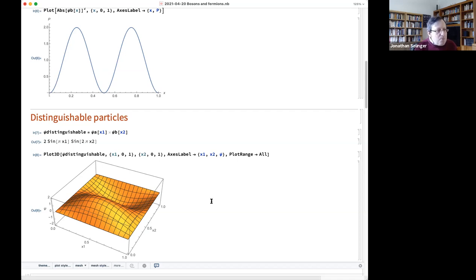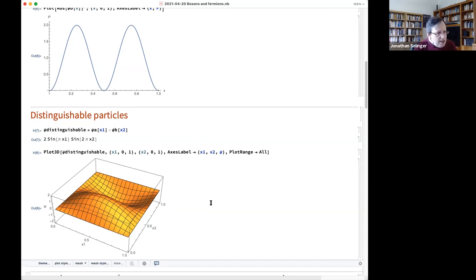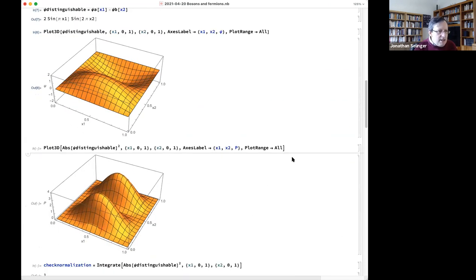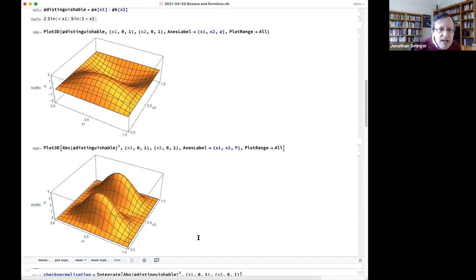And the probability is the square of the wave function. So it is this thing. You can see that the probability has two peaks.